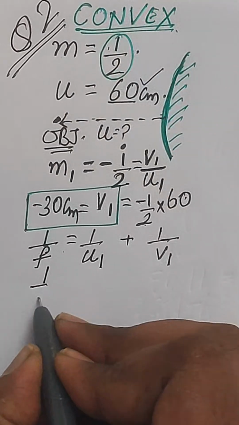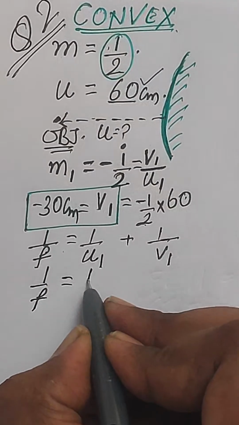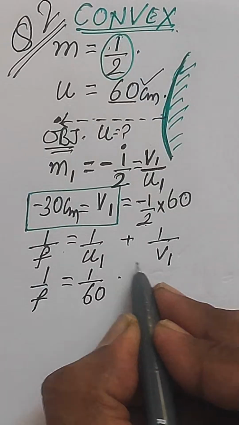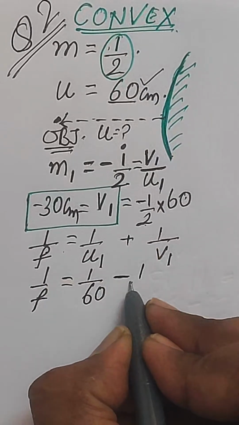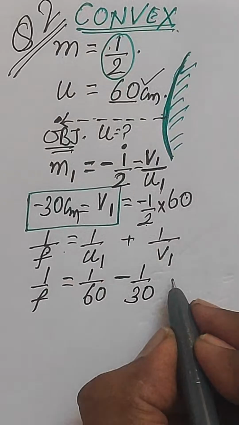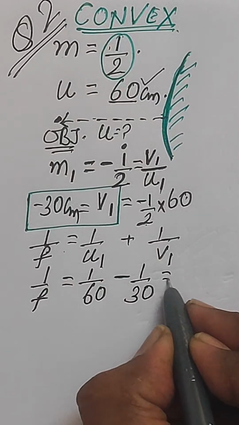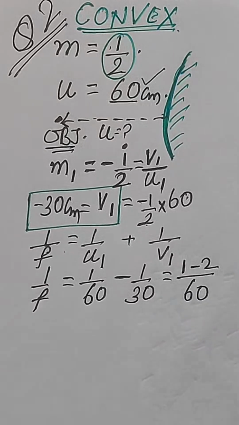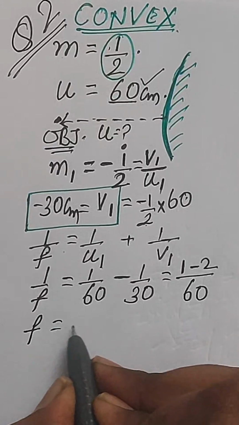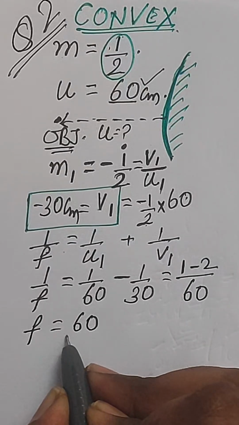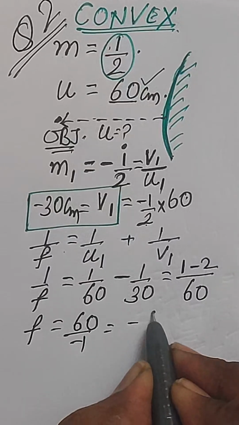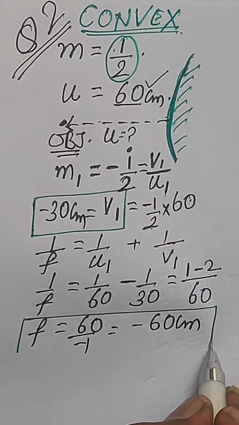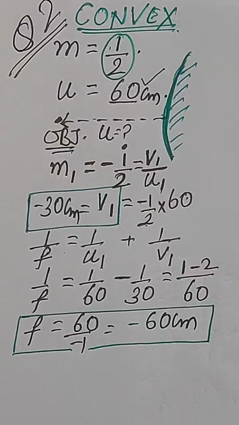The focal length will be 1 by u1, that is 1 by 60, and in place of v1 minus 30, so this will be minus 1 by 30. This will give you 1 minus 2 over 60, or f equal to 60 by minus 1, or minus 60 centimeter is the focal length which we calculated, right?